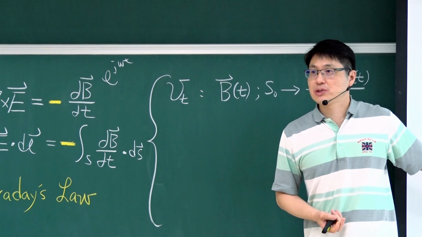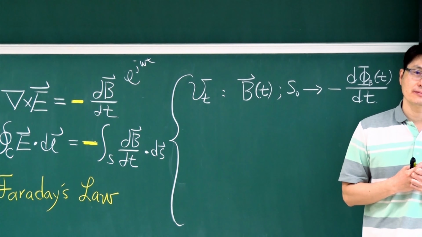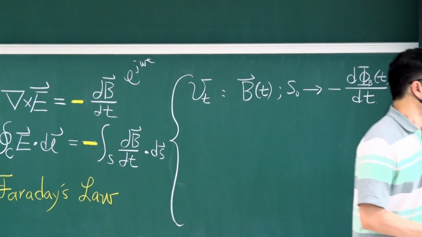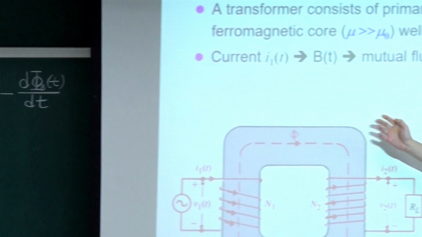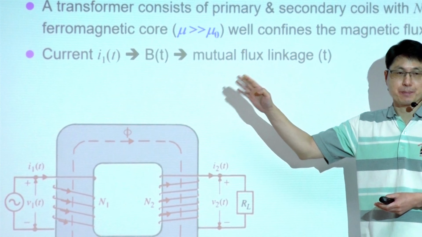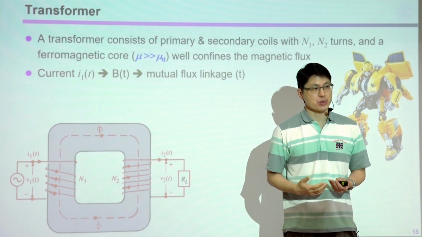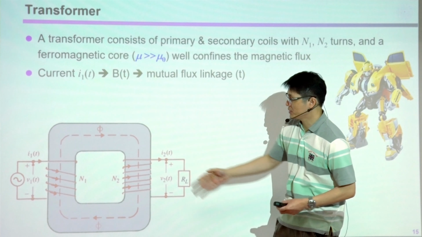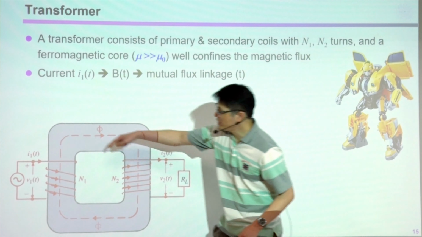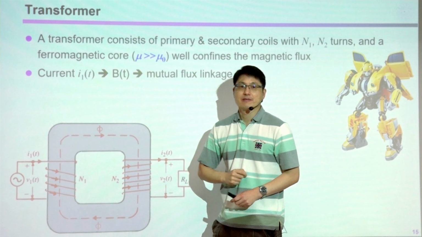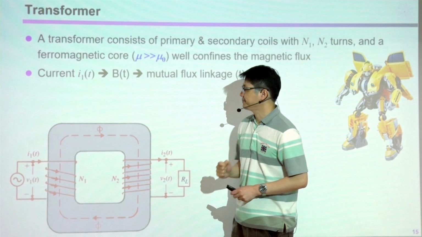It's identical to how a transformer works, okay? Now, having this picture, we understand why this particular type of EMF is called transformer EMF, because you want this device to remain stationary. You only change its phi, the magnetic flux, right?